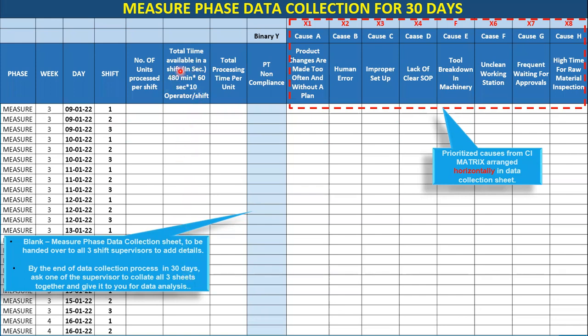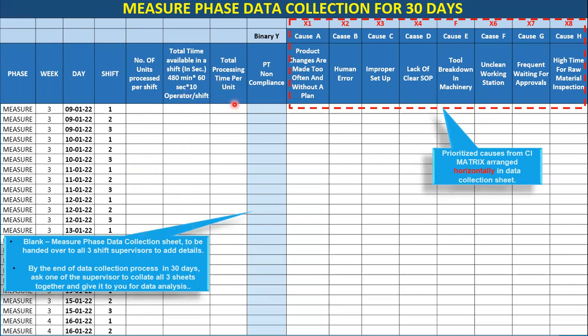So we have a total time available for a given shift, which is roughly 288,000 seconds, and this will remain constant, but the number of units processed per shift will keep on changing. That's a variable, changing number, and this will remain constant.